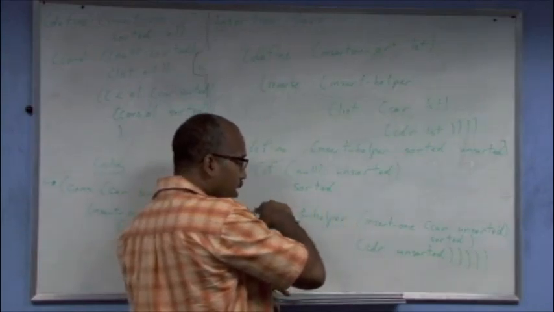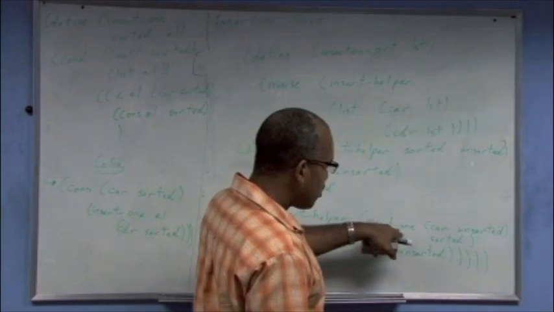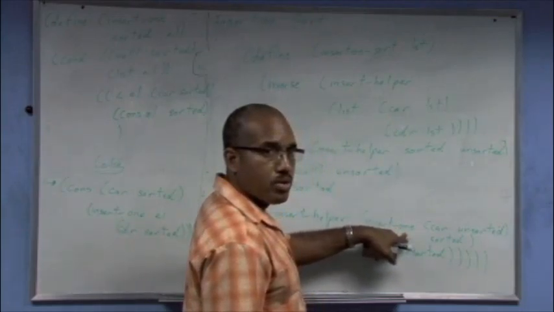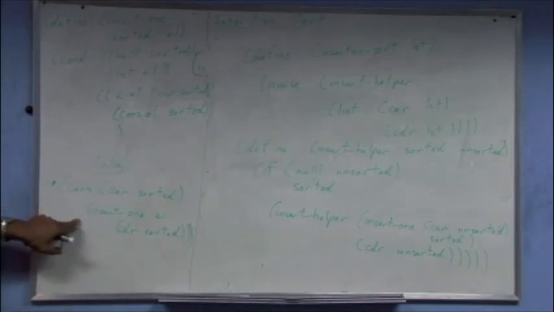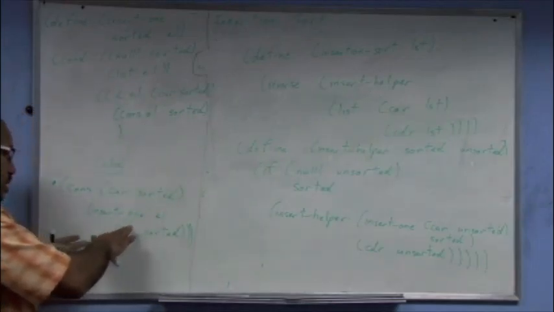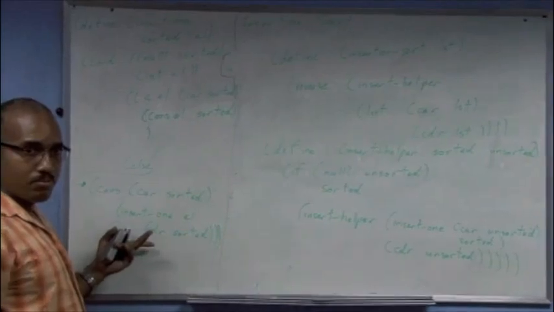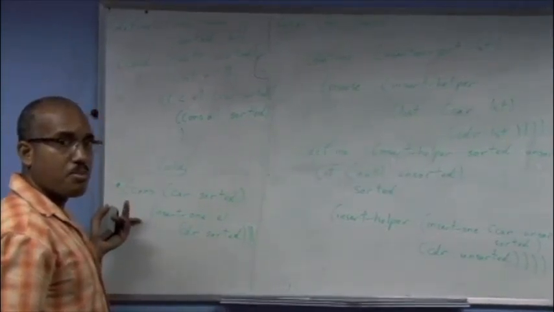Now, in analyzing this part, we would need to know the order of growth of insert 1. We could determine that by looking over here, by working out that insert 1 steps through the list, and each time it reduces the input size by 1. So it's a linear function. So that's going to be a theta n process.